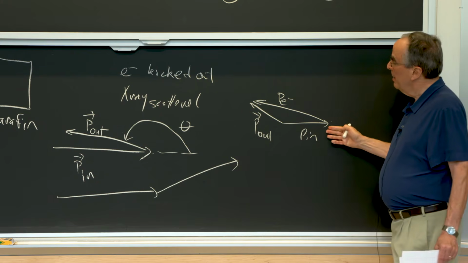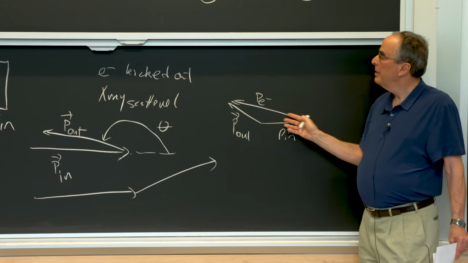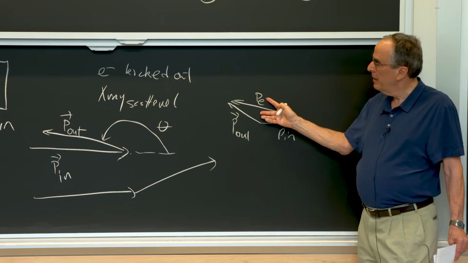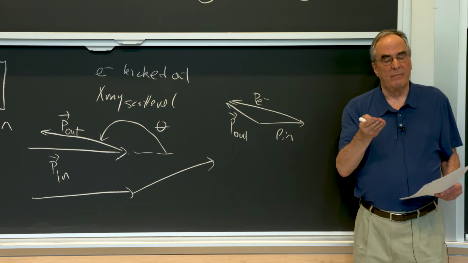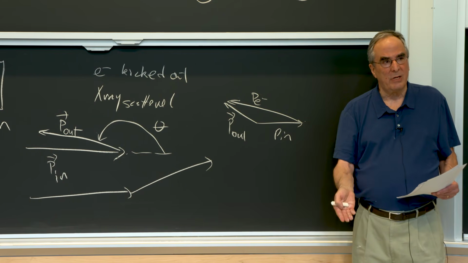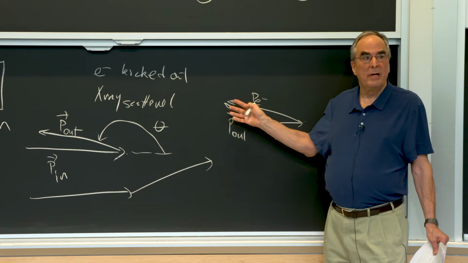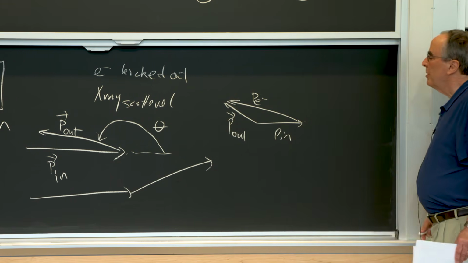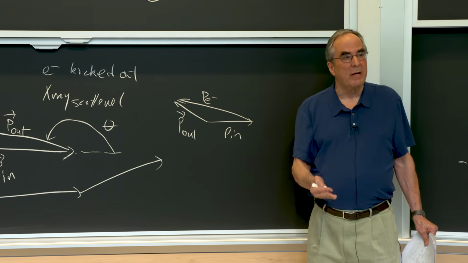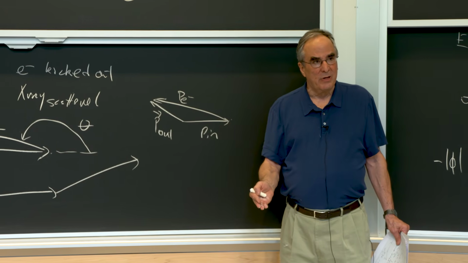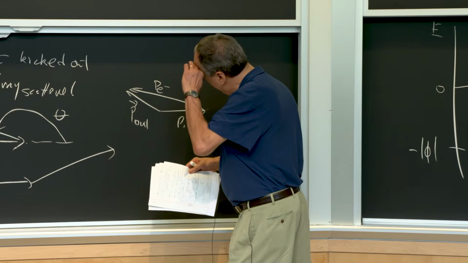Okay, so this diagram determines the momentum transferred to the electron, and if the X-ray photon transfers momentum to the electron, it also transfers energy. So what we're going to see, and I'm just going to wave my hands because the mathematical analysis is something you can do, but I don't want to go through it. I just want to show the structure of the argument.